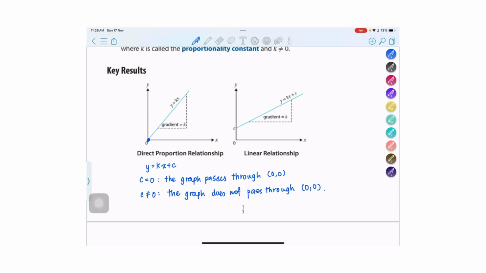We can say that this is not a direct proportion relationship. Instead, we call this a linear relationship.